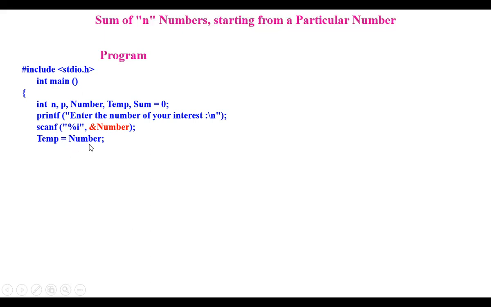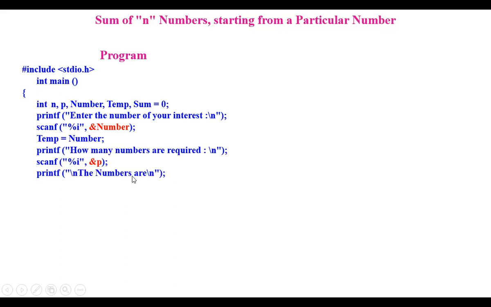Let us see why. How many numbers are required? We have the starting number, and how many numbers is assigned to p here. And the numbers we have asked for will be displayed with the for loop.